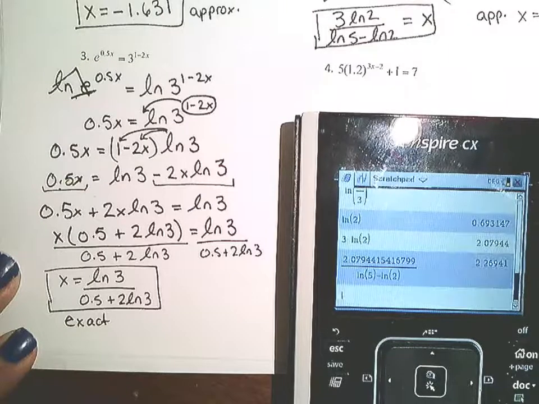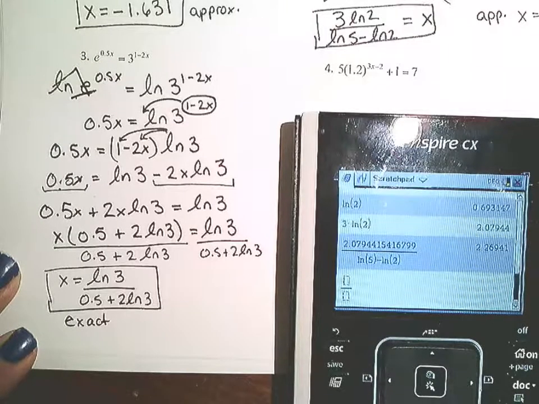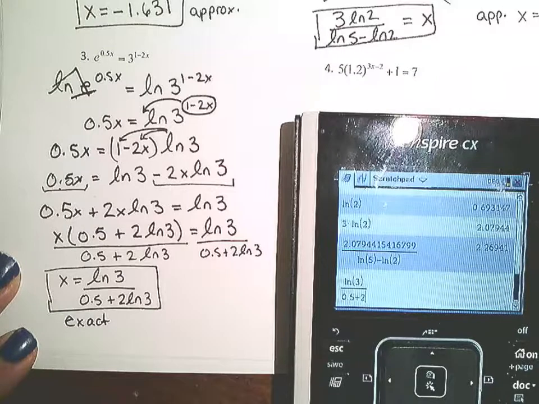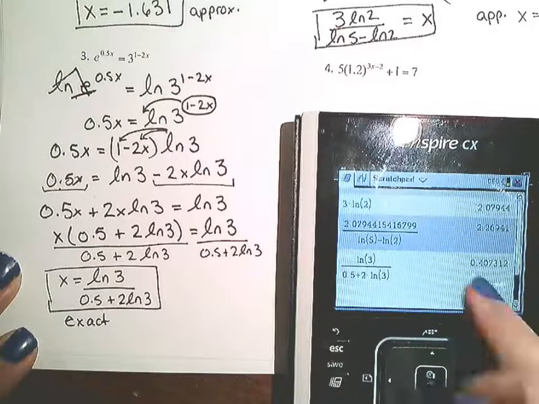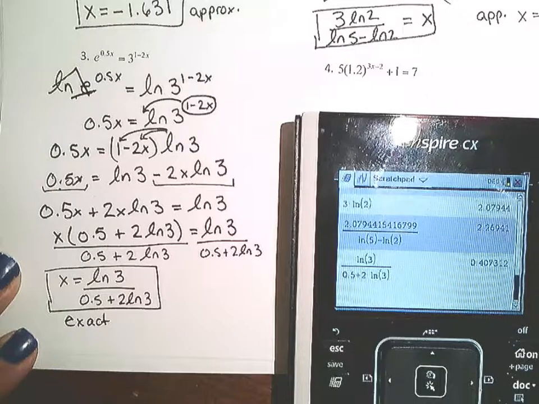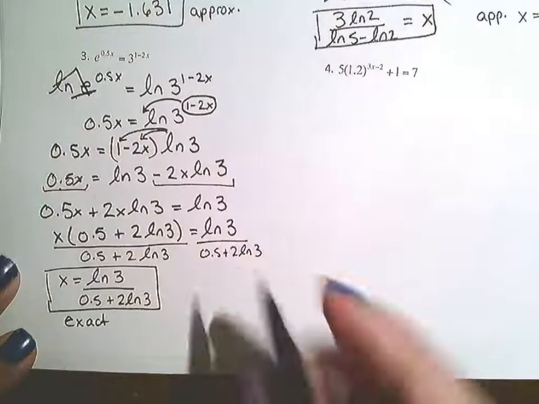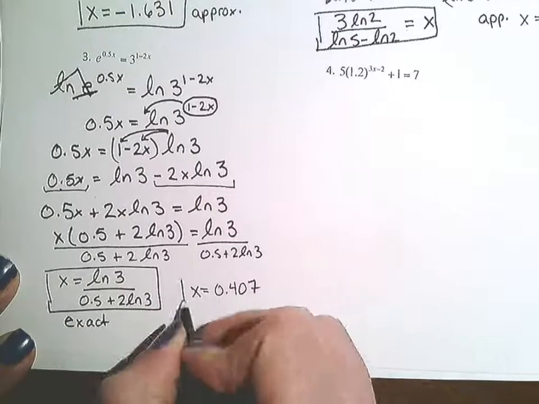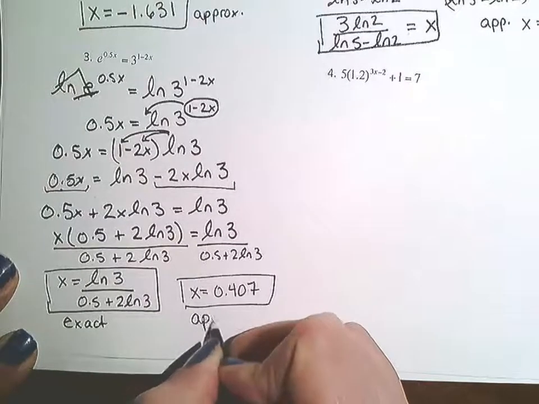And remember, you could use the control divide button and do ln of 3 on top, and then 0.5 plus 2 ln of 3. And there's my answer, 0.407. So x equals 0.407, and that is my approximate.